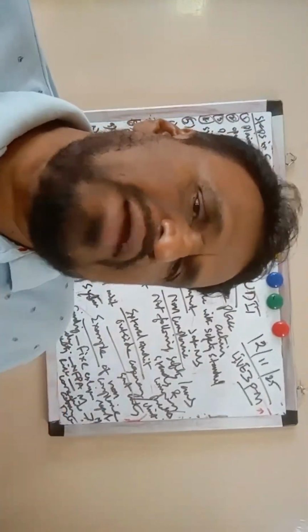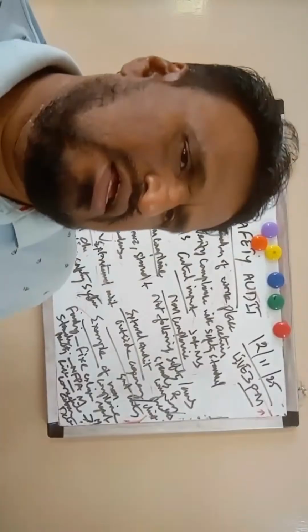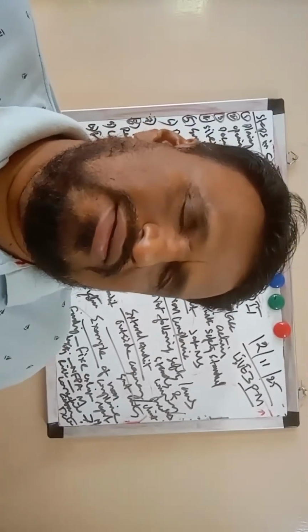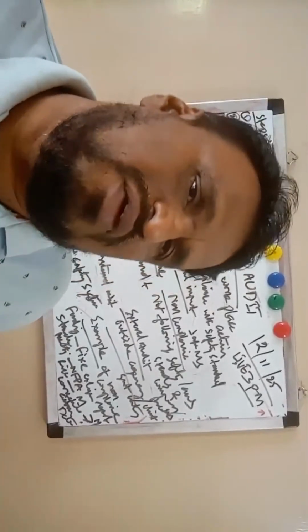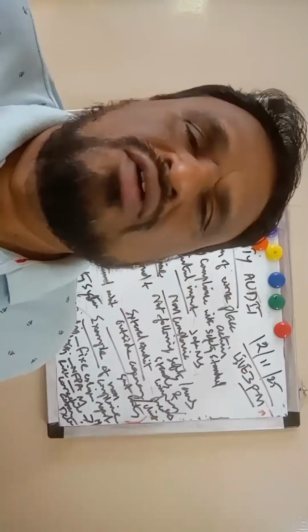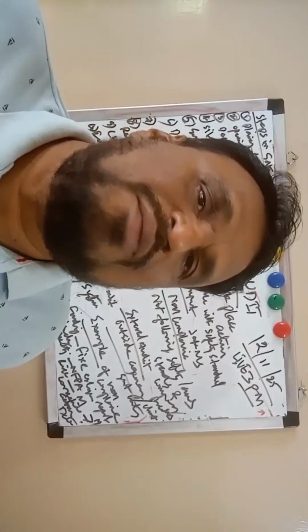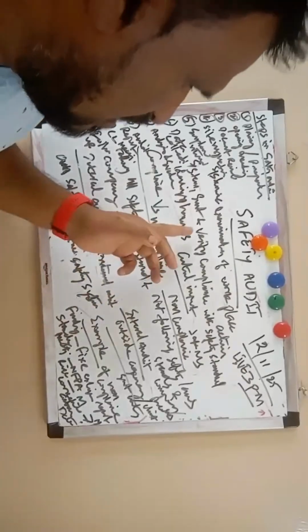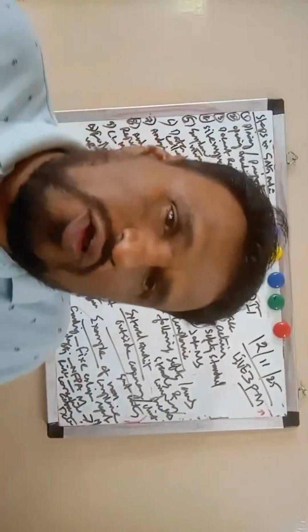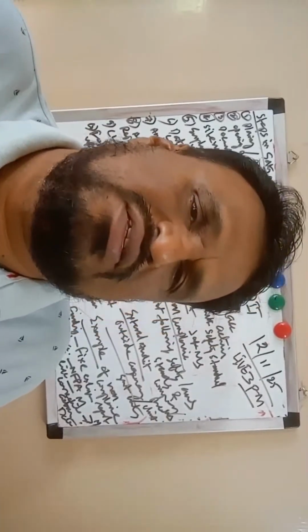So, what is a safety audit? The safety audit is a systematic verification of the workplace. You know what is there in the system, but some verification is always required. When you verify, then only is it a system in place. So you have to verify the compliances, whether the company is following the safety legal compliances and safety systems.